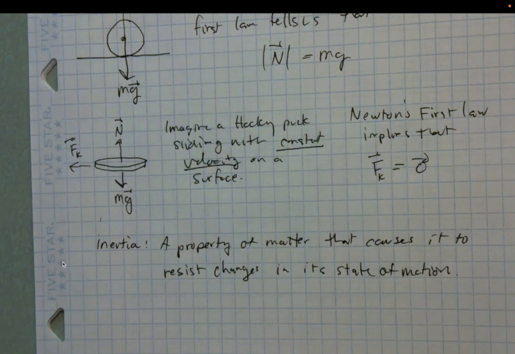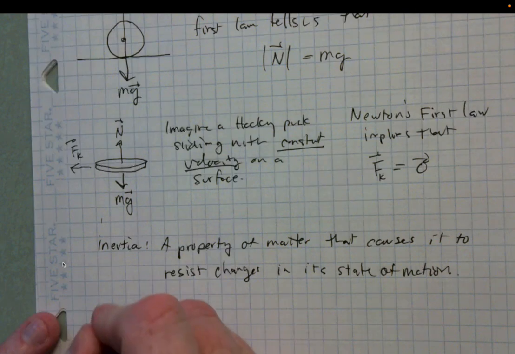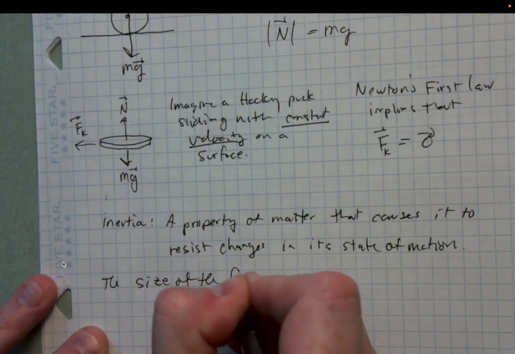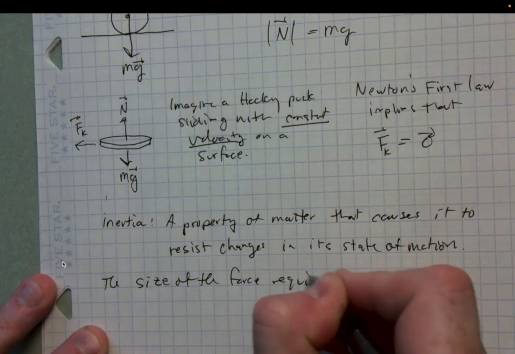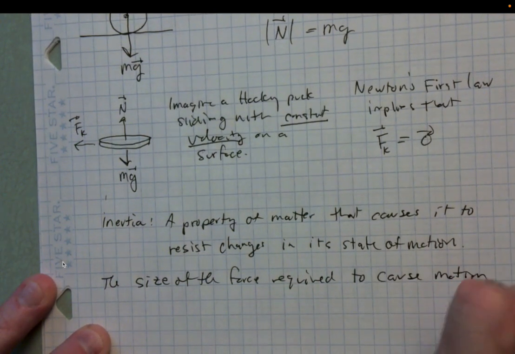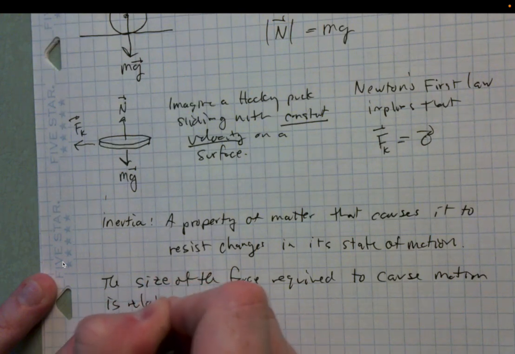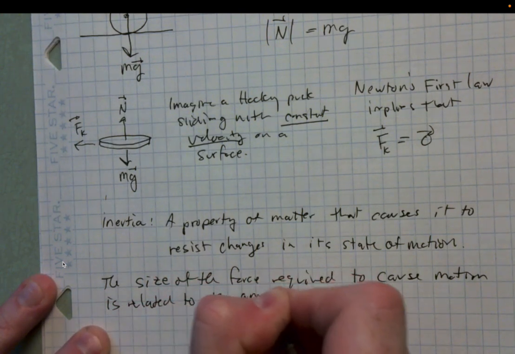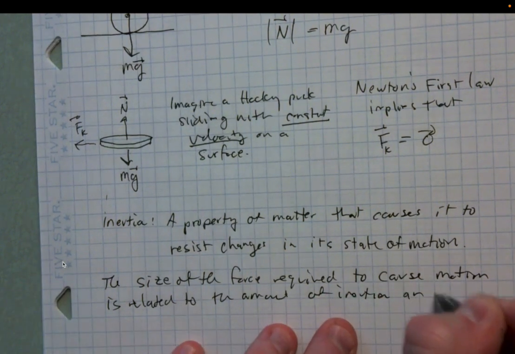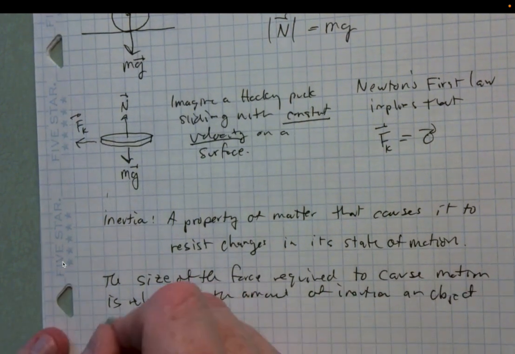The size of the force required to create motion in these cases is a direct consequence of the object's inertia, right? So the size of the force required to cause motion is related to the amount of inertia an object has, right?